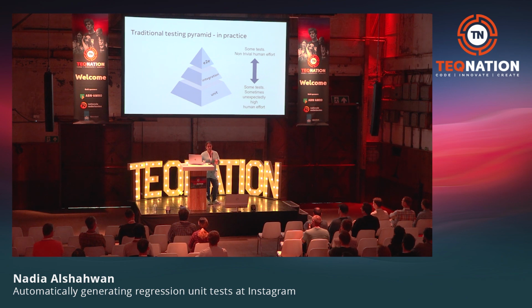We also found that there aren't a lot of unit tests, and they unexpectedly require more human effort than we expected. The reason is that a lot of these tests take complex objects as inputs, so how do you set them up or mock them so that you can perform the test? It's not as easy as we initially thought in theory.